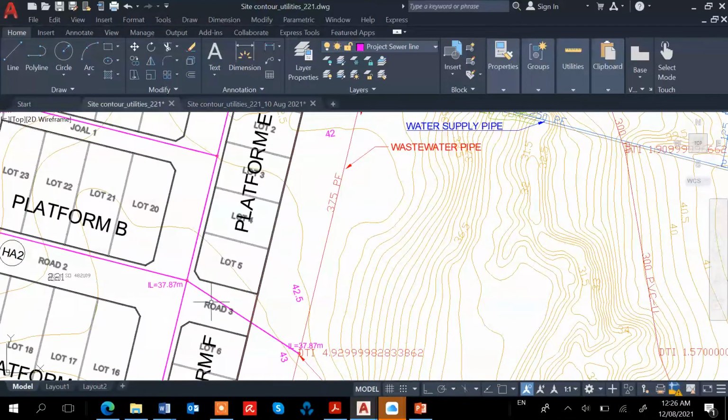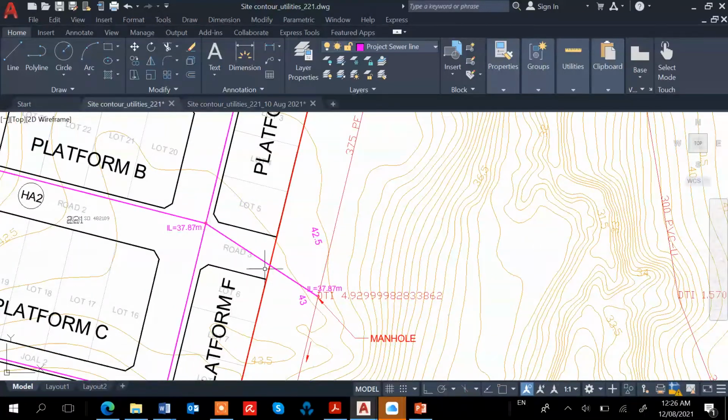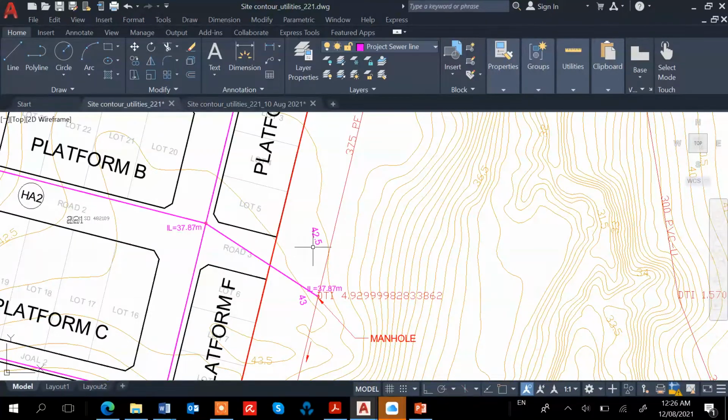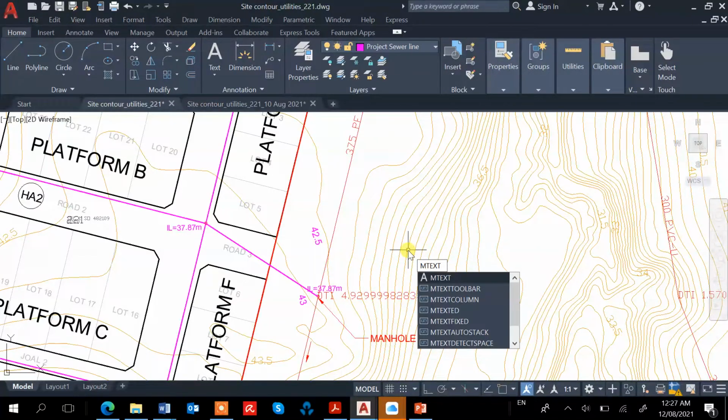So we just need to determine what is the invert level here. Okay, so we need to find out, just now we said, the drop, the slope. I just copy this and put in an mtext.